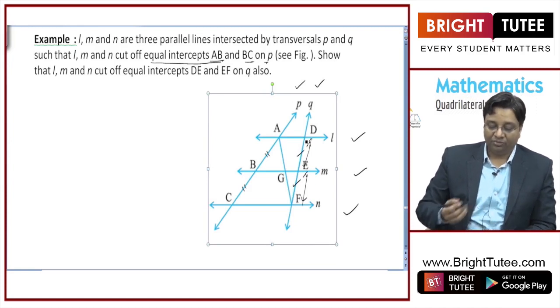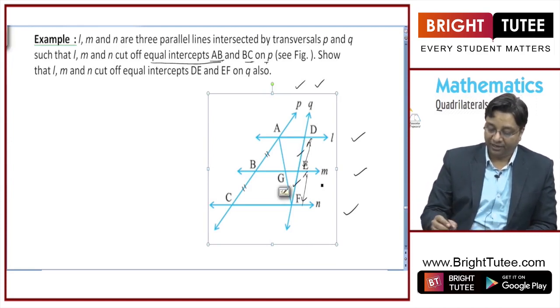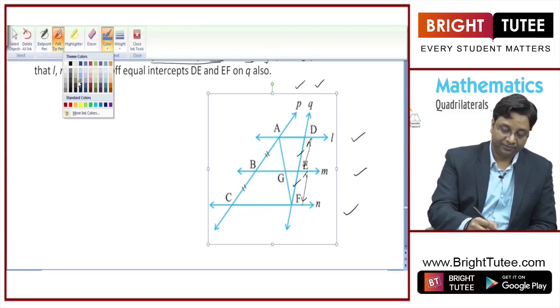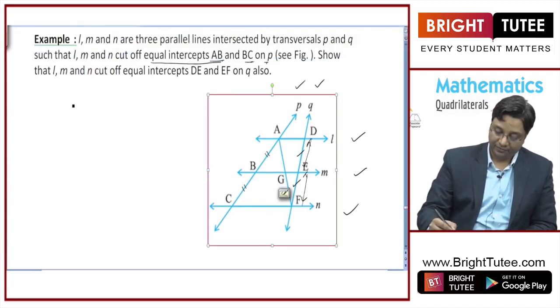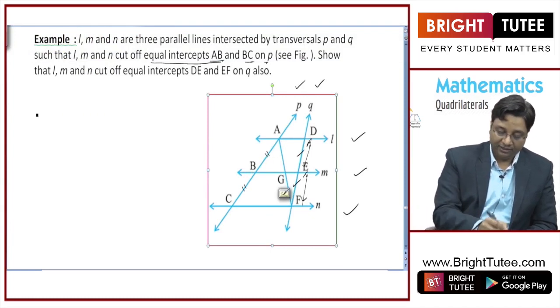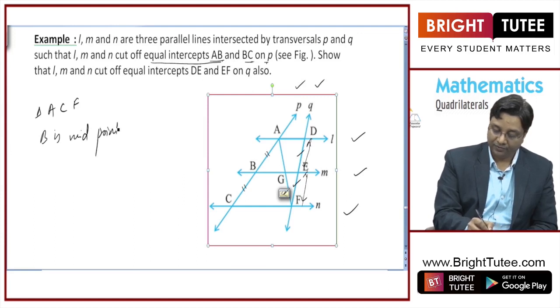Okay, so I'll use midpoint theorem because L, M, N are parallel. So if you look at this triangle ACF, B is the midpoint of AC, and BG is parallel to CF.